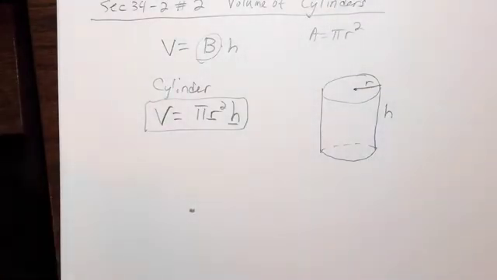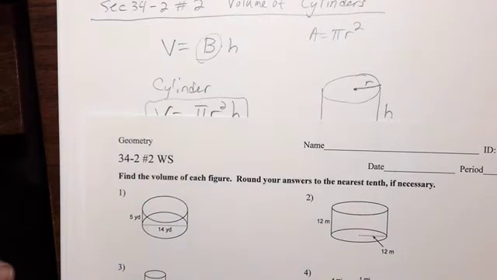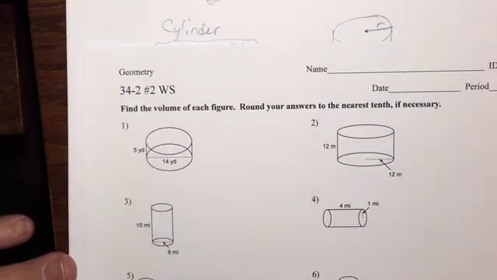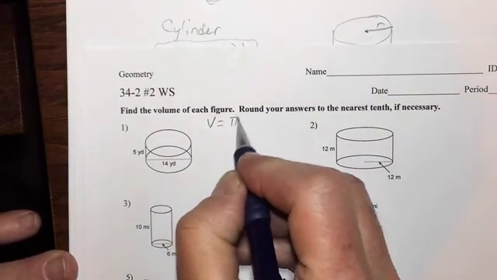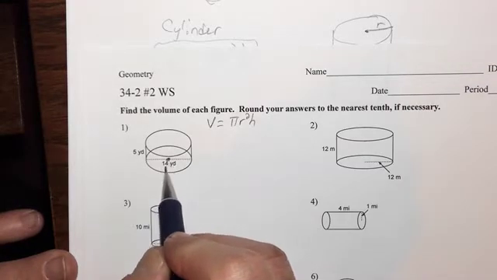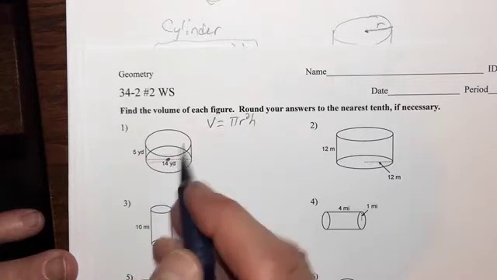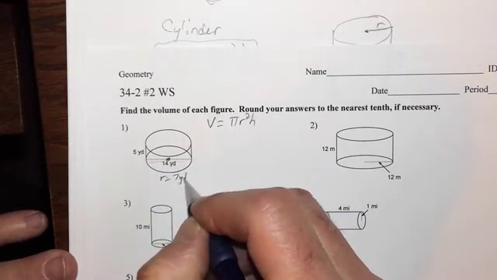So let's look at a couple examples here. If we look at this first one, again, I'll write that down here. Volume is pi r squared h. So I've got to know my radius. If I don't know the radius, I know the diameter, don't I? The radius is half of that, so I know that r equals 7 yards.